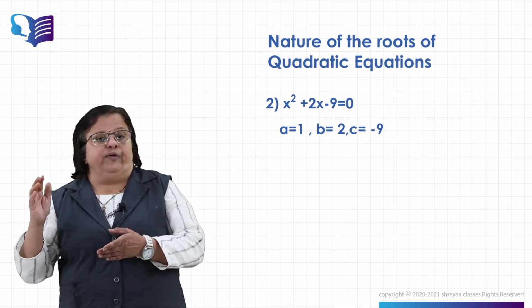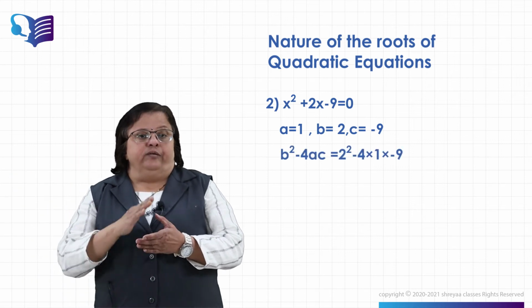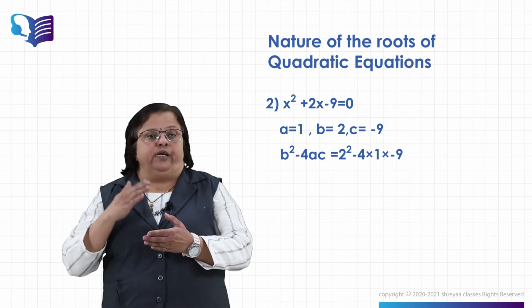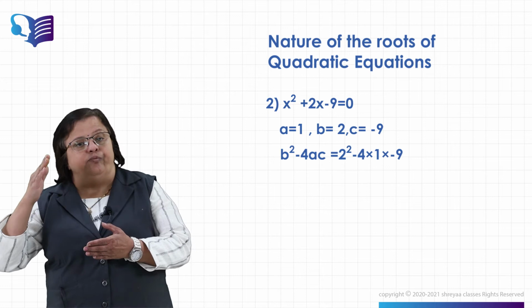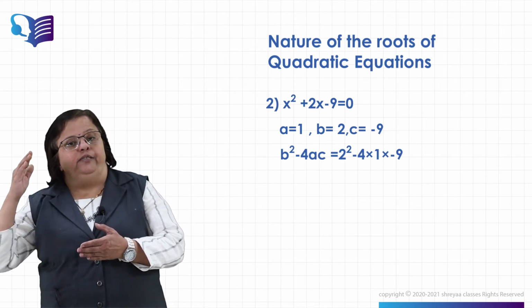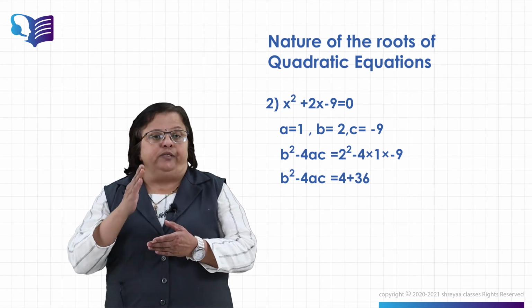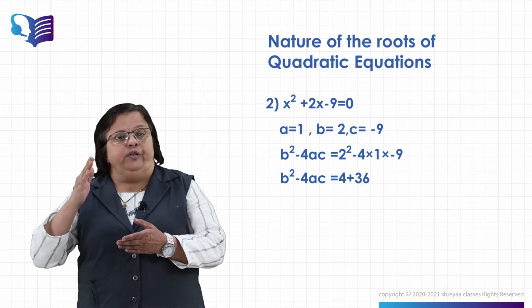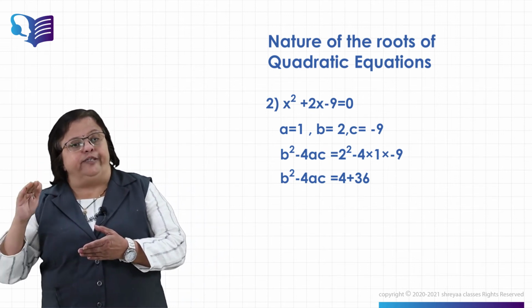Then we will find out the value of b square minus 4ac. So b square minus 4ac is equal to 2 square minus 4 multiplied by a is 1 multiplied by c is minus 9. So b square minus 4ac is equal to 4 plus 4 into 1 is 4, into 9 is 36.